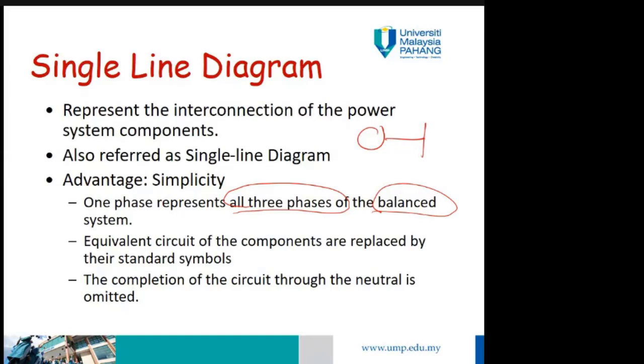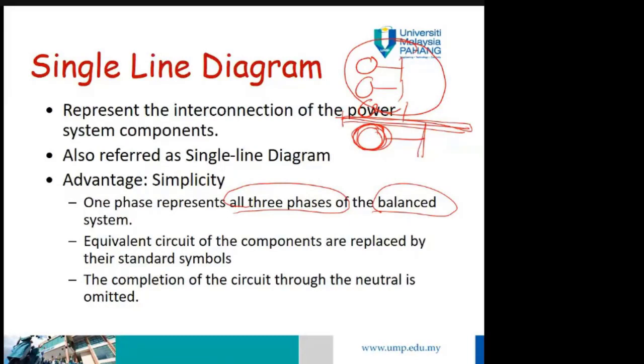Last time during my study, when I wanted to design the system, I had to use three generators to represent three phases. Most of the software now has the capability to represent three phases by using single line diagram, single phase.